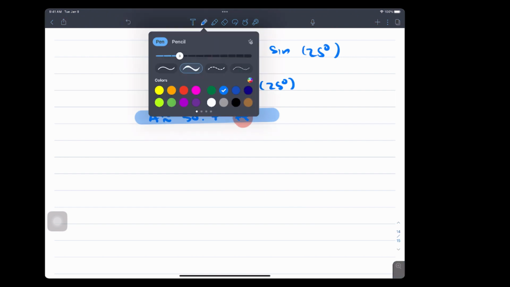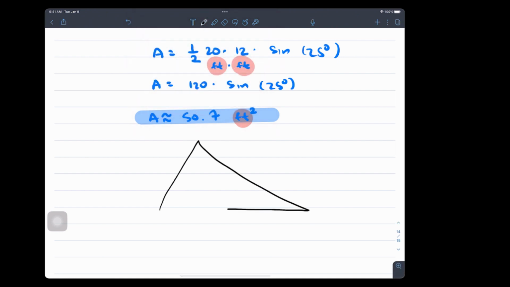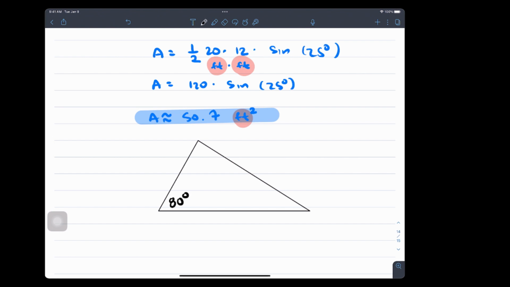And even, just so you know, something like this, they can say, okay, what if this is going to be 80 degrees, and this is 5 centimeters, and then maybe this is 9 centimeters.